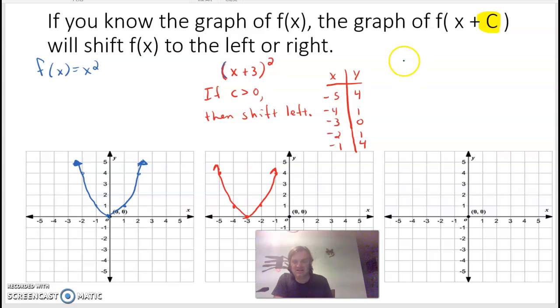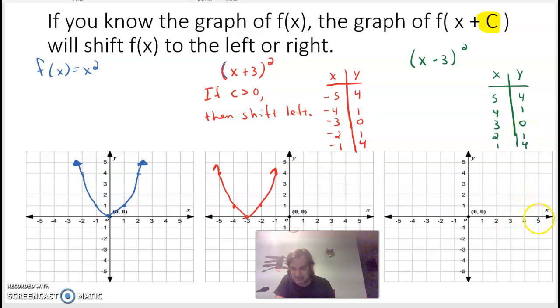Okay. Over here, if I do x minus 3 squared, I'm going to pick the points that I know will work here. So let me say 5, 4, 3, 2, 1. And this gives me the same thing, 4, 1, 0, 1, 4 when I plug them in.